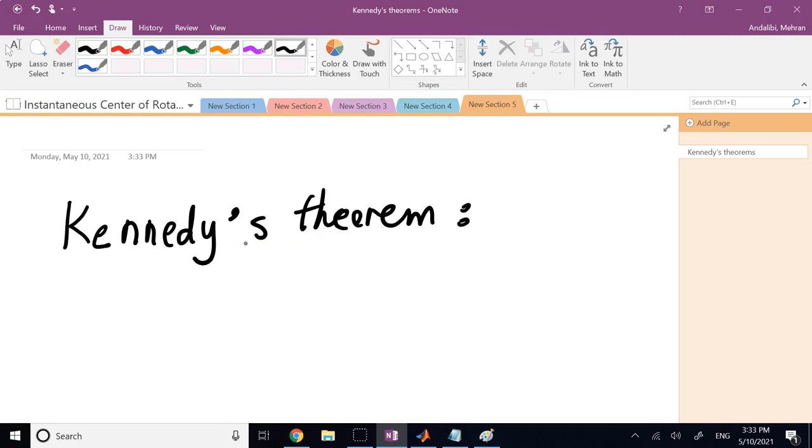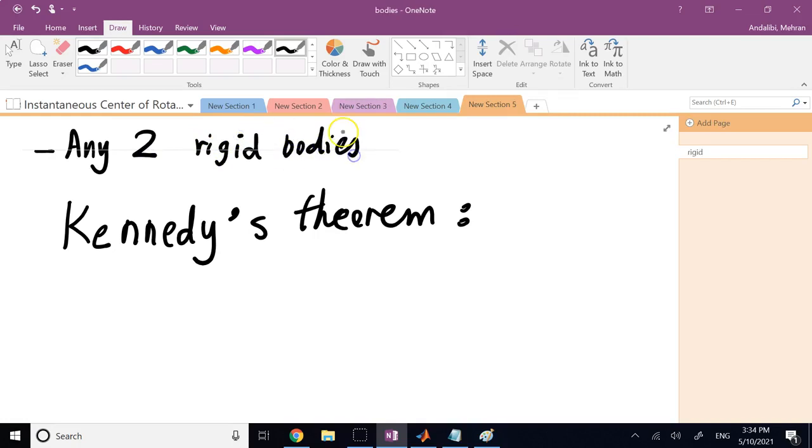Okay, so first let me write it separate from Kennedy's theorem, because that's not directly a part of it. So it says any two rigid bodies have an instantaneous center, or you can call it a relative instantaneous center.